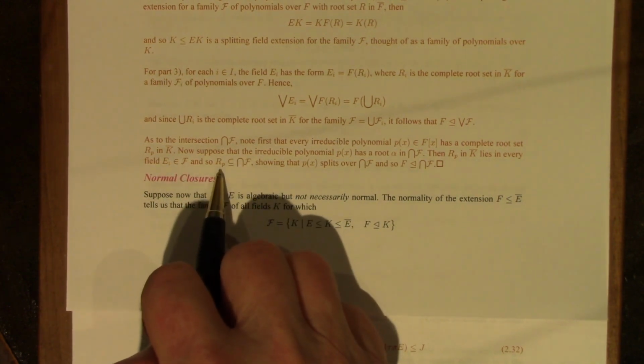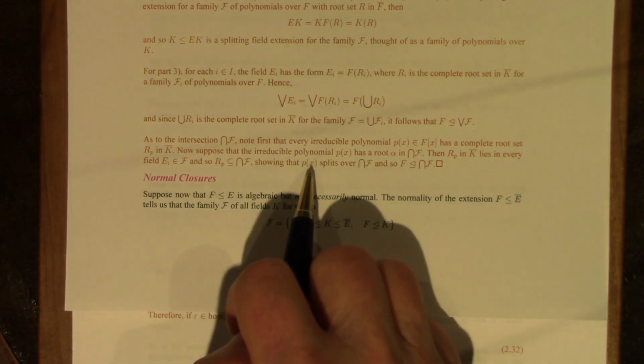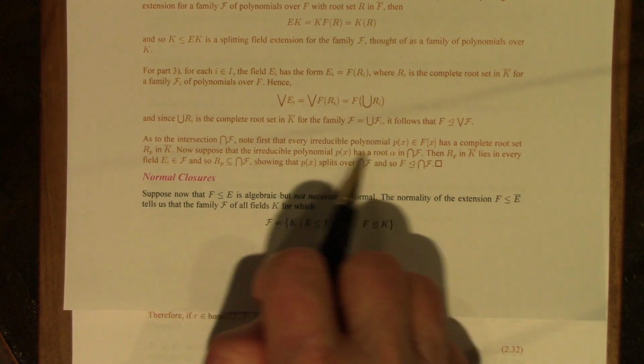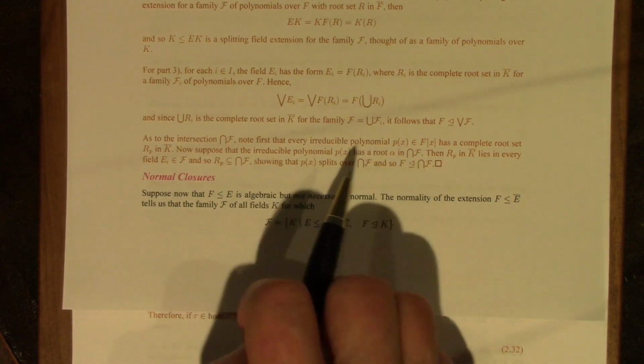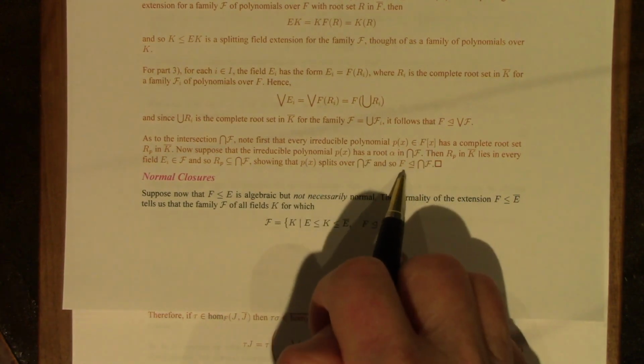So the root set of p(x) is in the intersection. In other words, p(x) splits over the intersection. So if p(x) has a root in this intersection, it splits over the intersection. That means this is normal.